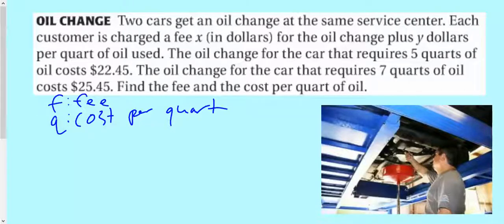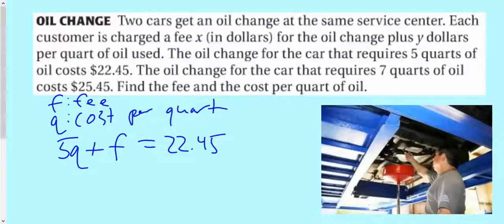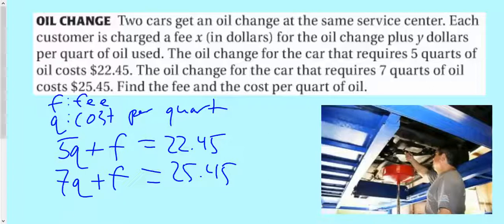So for car 1, there's 5 quarts, plus we have the flat fee, whatever that fee is, and that adds up to $22.45. And then for the second car, they had 7 quarts of oil, plus that flat fee, and they spent $25.45.